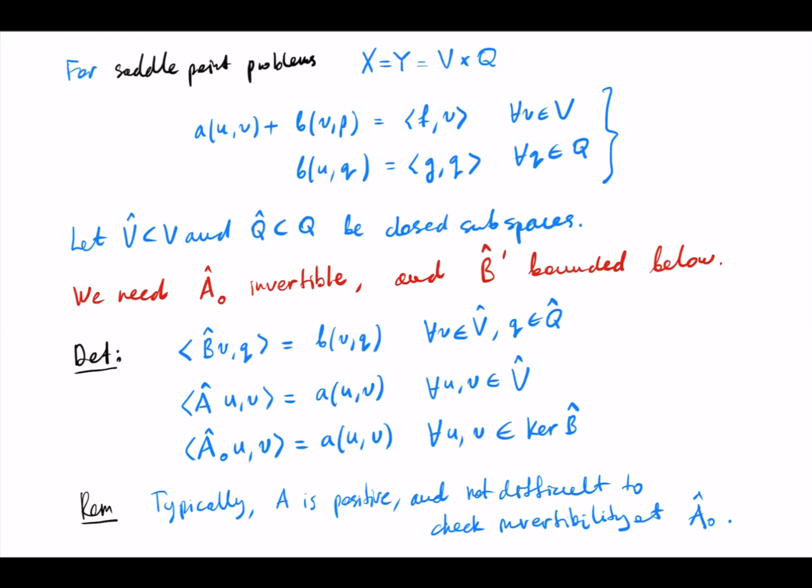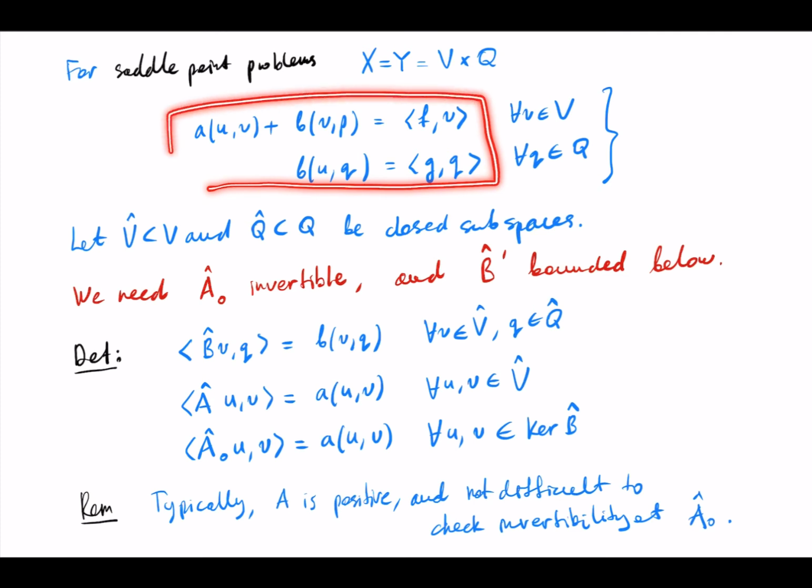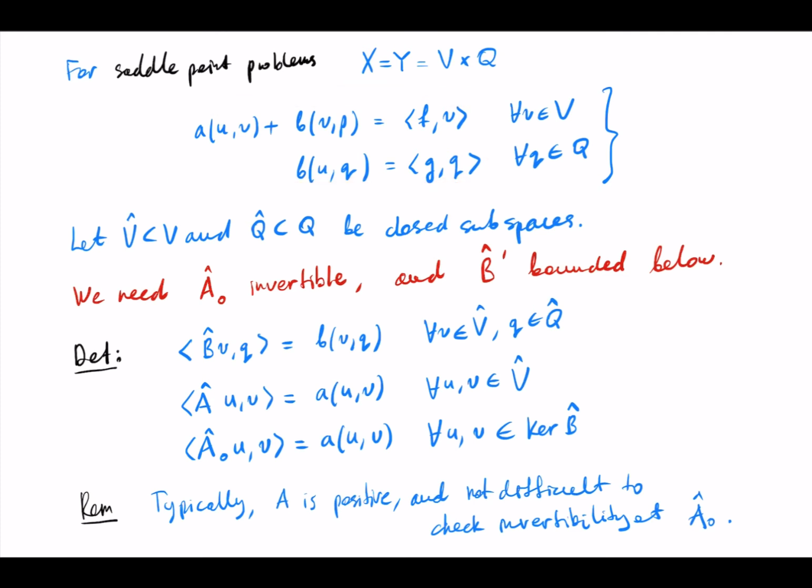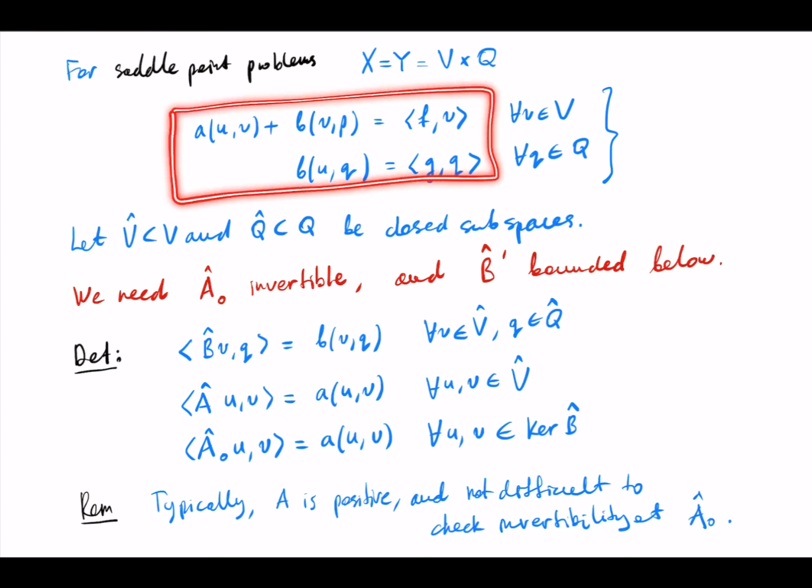Now the next case concerns saddle point problems. For saddle point problems, we have the two spaces equal to each other, but they have this special structure V cross Q, and also the problem has this special structure, right? Actually, strictly speaking, we will only have saddle point problems when this bilinear form A is positive, but with slight abuse of terminology, we are also calling this general problem saddle point problems.